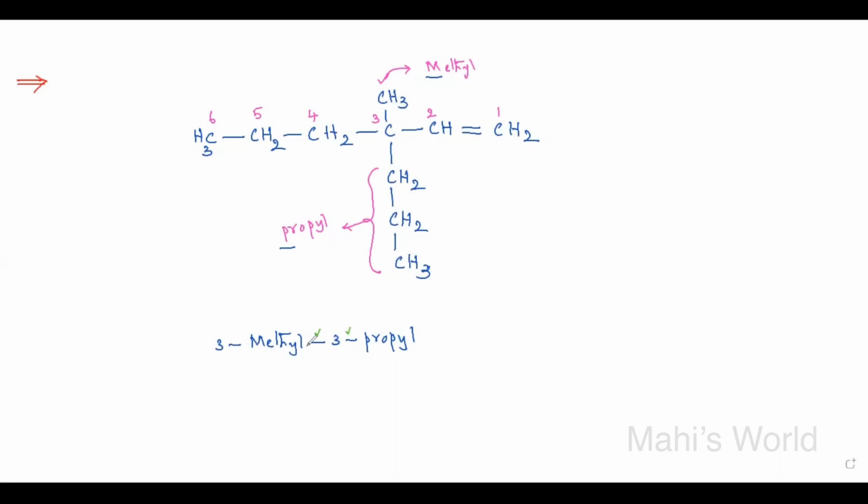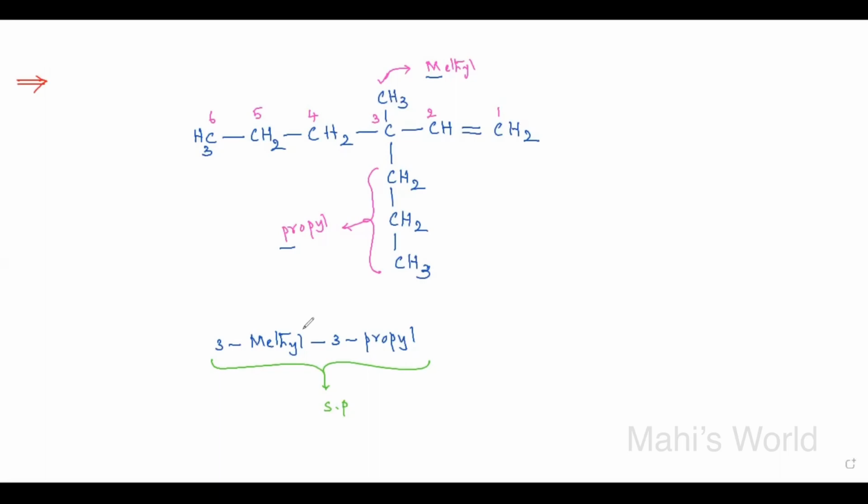Hyphens before and after the number, commas only between the numbers. But of course, here we did not get two numbers to write a comma. 3-methyl, 3-propyl, I think is clear. Now, my secondary prefix is ready.